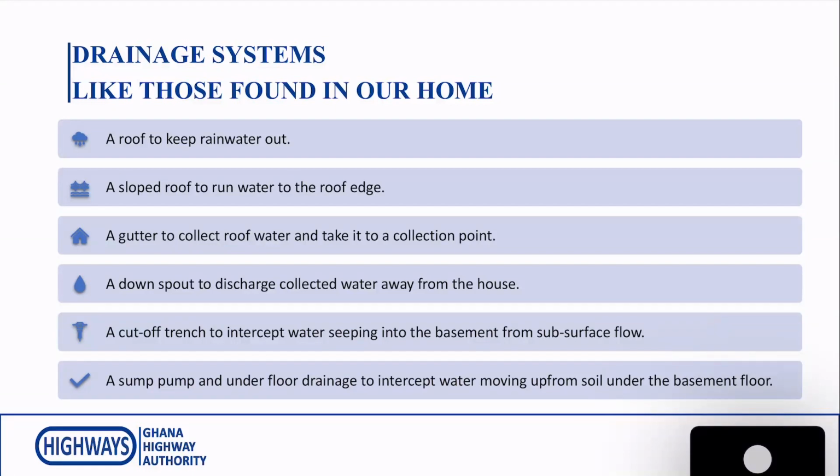Initially, you need a roof to keep the rainwater out of the house. You will need to slope the roof so that the water can run to the edge. You will also need a gutter to collect the roof water and take it to a collection point. You need a downspout to discharge the water that is collected from the house.